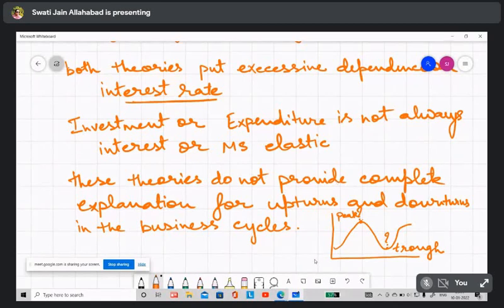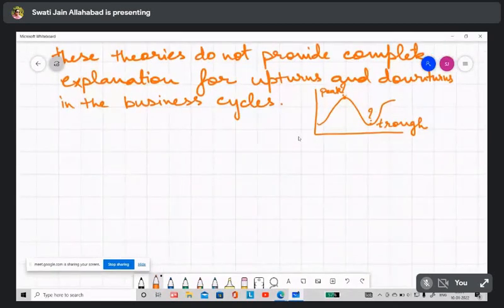Similarly, in both the theories, you must be observing that they are thinking that every time investment increases or money supply increases, immediately economic activities will expand. Now, who is going to expand the economic activities?